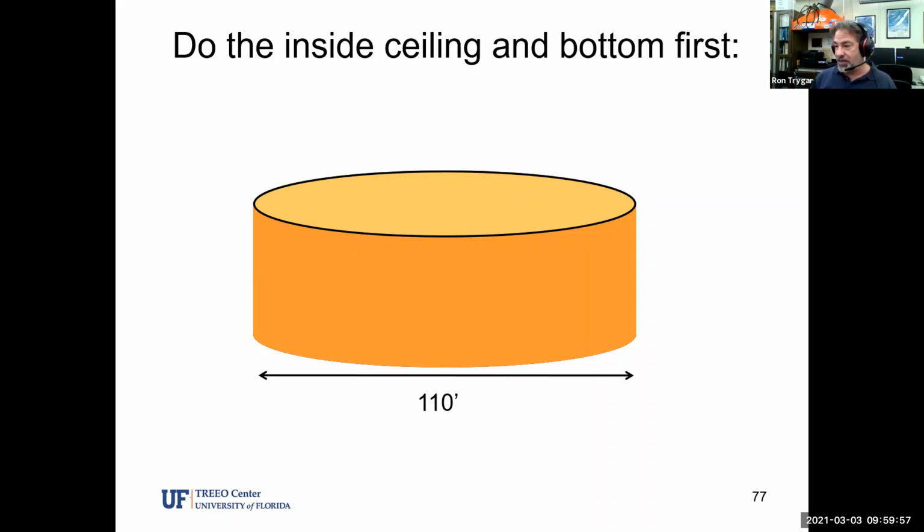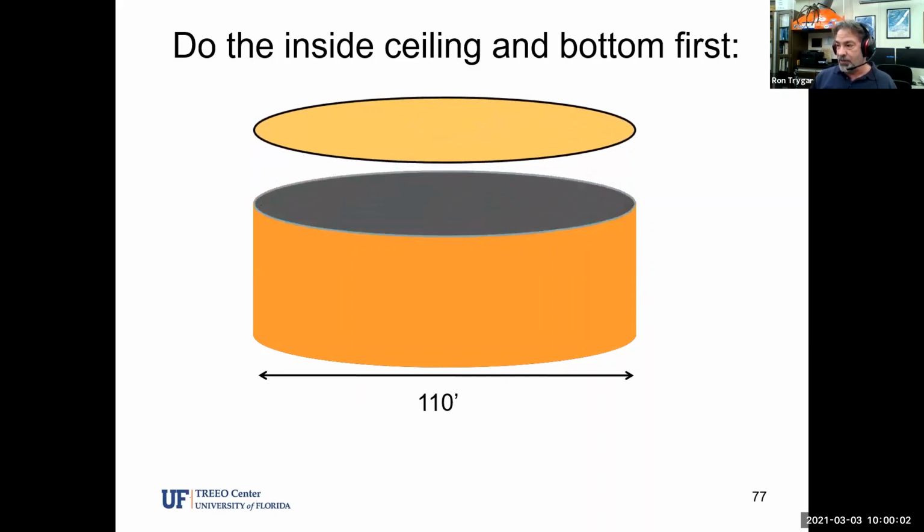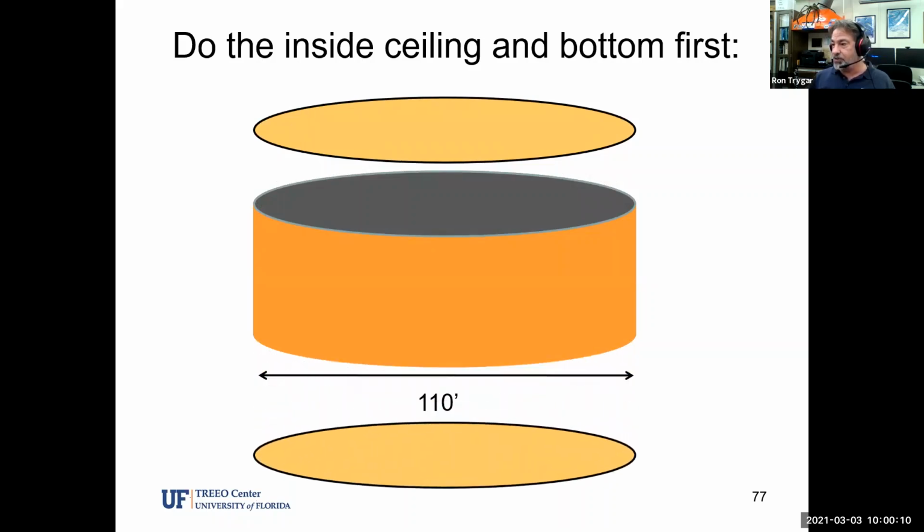So remember, I'm just going to show you what we're doing here. We're going to imagine the ceiling and the floor as our separate shapes. So here's the floor. You need the surface area, the square feet of that circle, and the square feet of that circle. We're going to figure those out first.